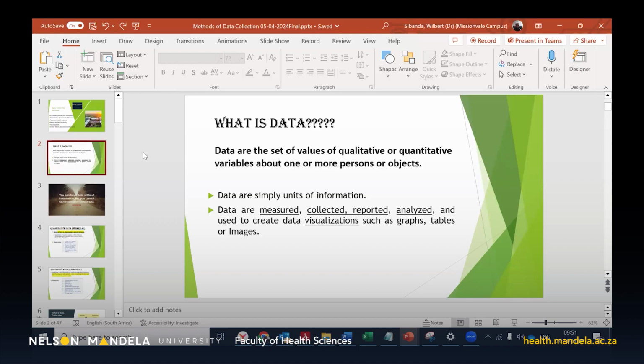So I'm starting off with an overview of what data is. Data are measured, collected, reported, analyzed, and used to create data visualization. And that is important: how we measure data, how we collect data, how we report, analyze, and use it to create data visualization, graphs and tables.